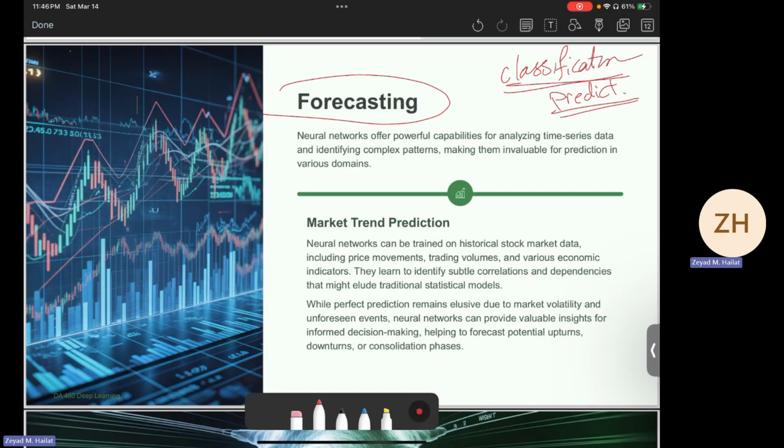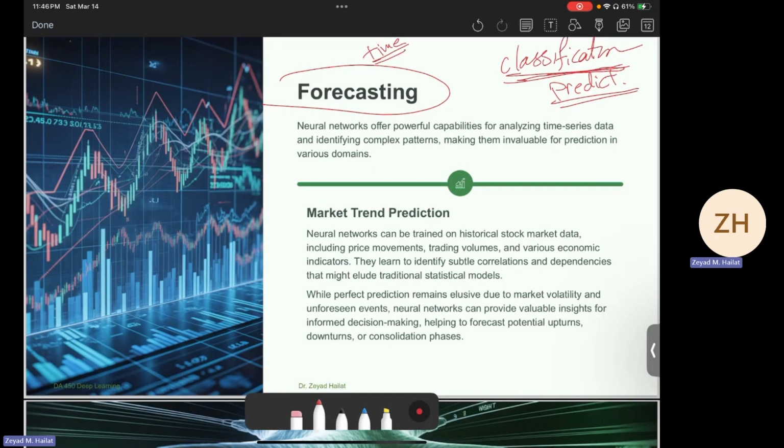In classification, the input is a single point. Whereas when we talk about data that's associated with time, like for example, I wanted to forecast the weather. I want to know how the weather will be tomorrow. What's the temperature? What's the humidity? Will it rain or not?